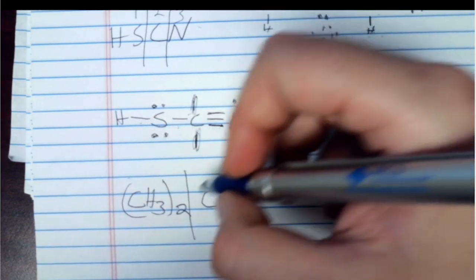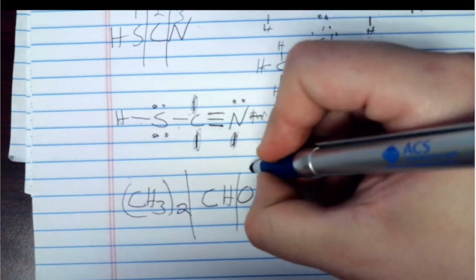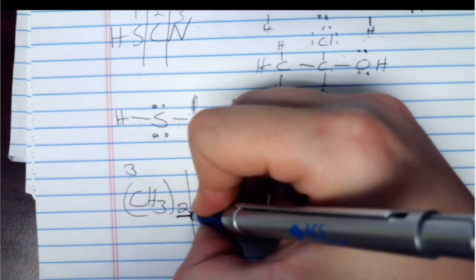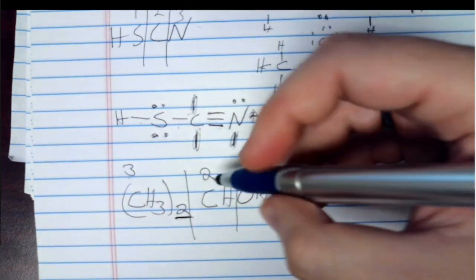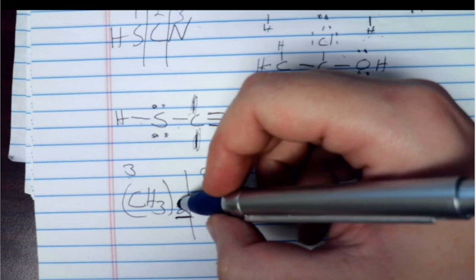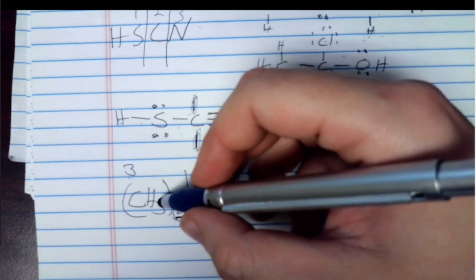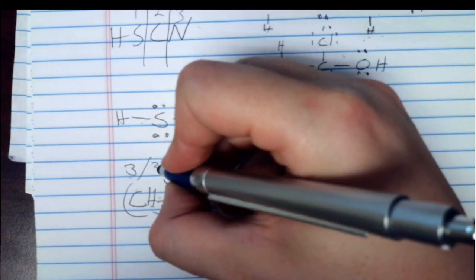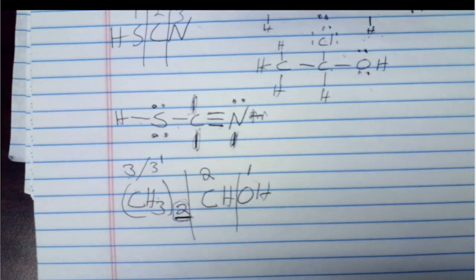I can call that 1, 2, 3, or I can call that 1, 2, 3. For the sake of this, I'm going to say 1, 2, 3. So what does this guy mean? That 2 right there tells us that we have doubled up on our CH3. So there's a 3 and a 3 prime.